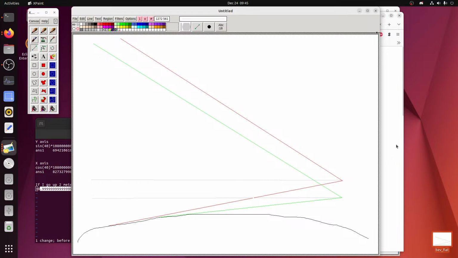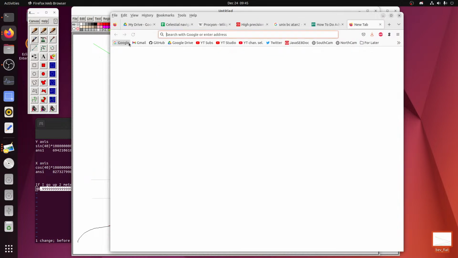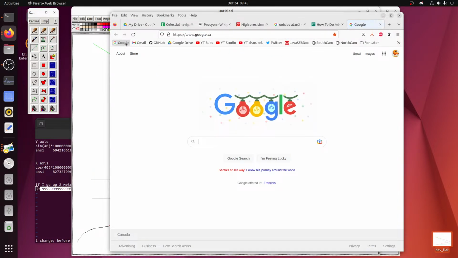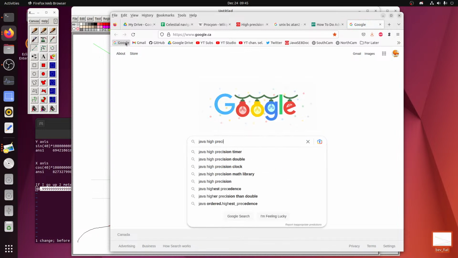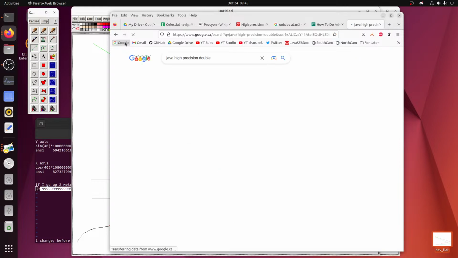So the next thing that I was thinking of, and I was kind of thinking about this last night, was should I use the math libraries that are in Java, Java high precision double.